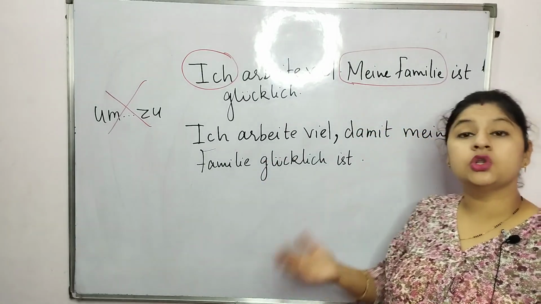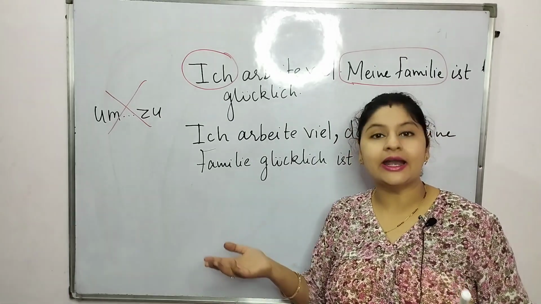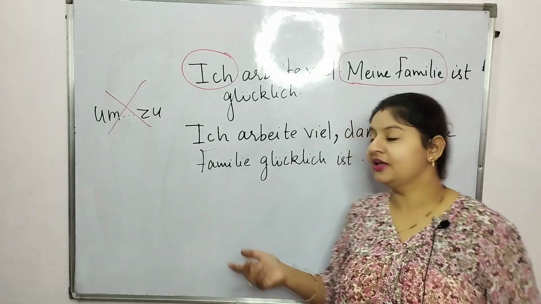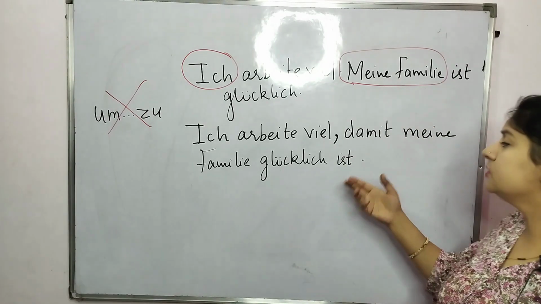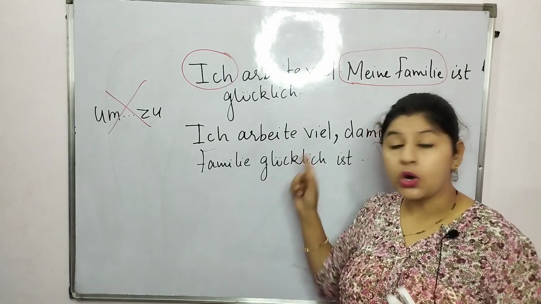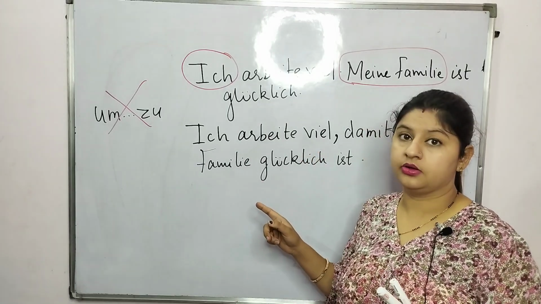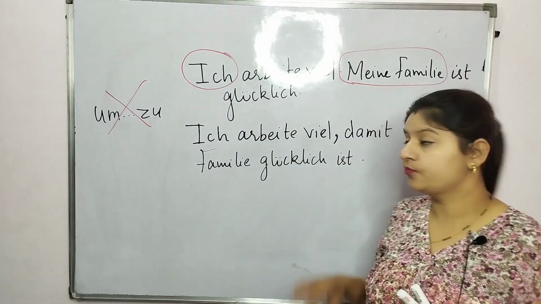So I am working a lot so that my family is happy. Ich arbeite viel, damit meine Familie glücklich ist. Very important: do not use um zu here, because both the subjects are different.